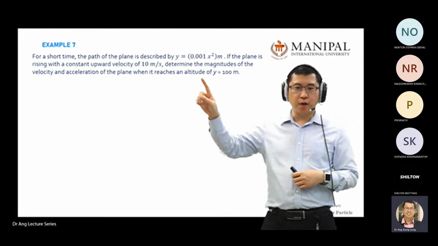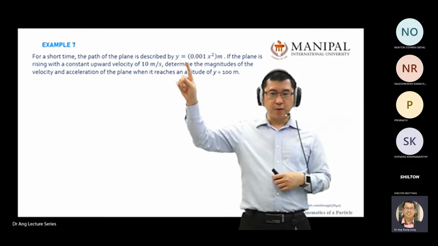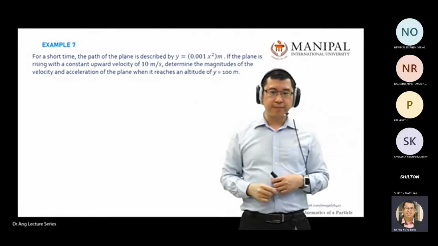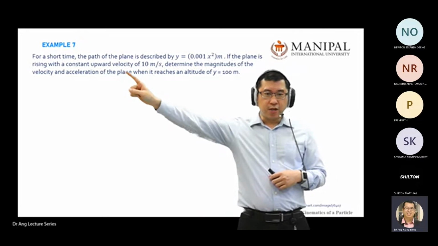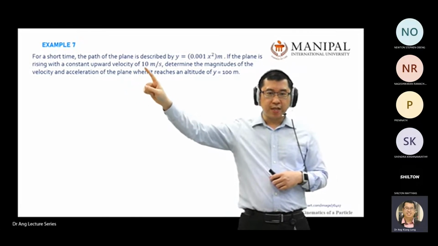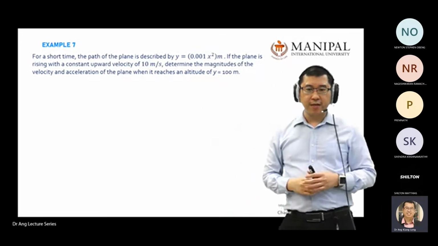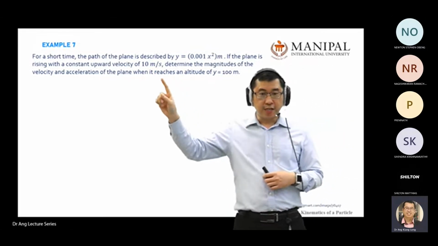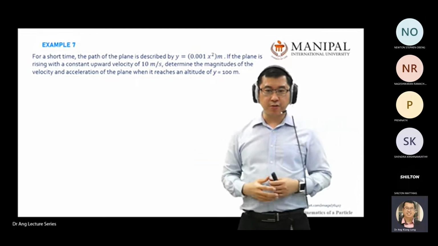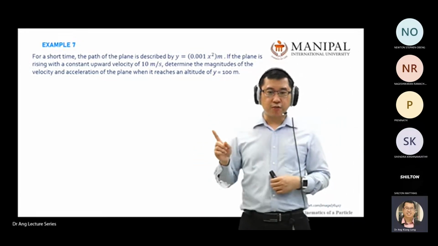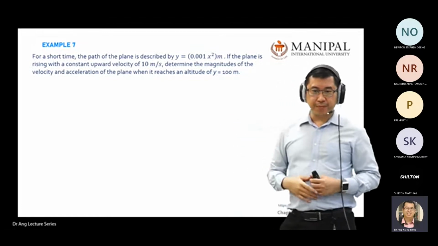First, you are given the y position, y equal to a quadratic equation. Next, it gives you a constant upward velocity of 10 meter per second. So you know that your velocity is a vector and you can expand it into three dimensions: Vx, Vy, Vz.